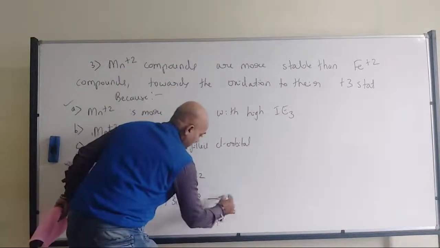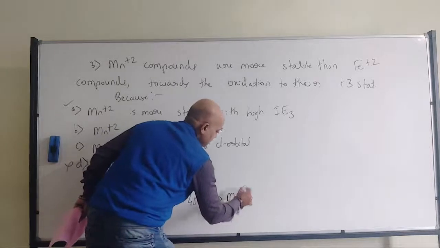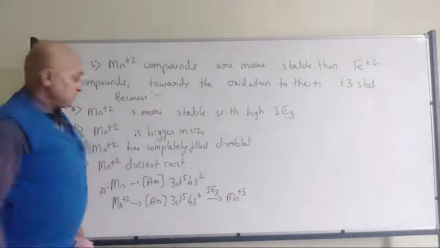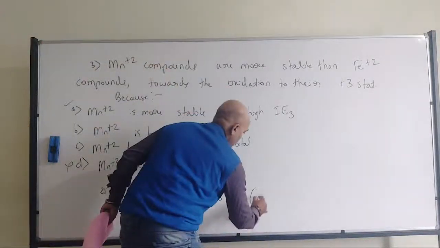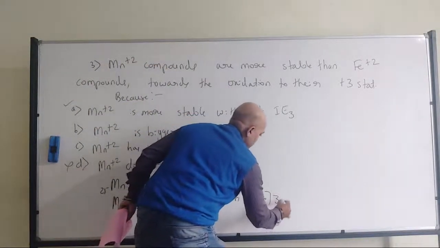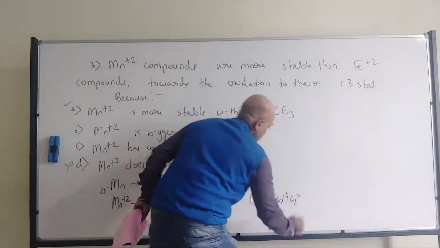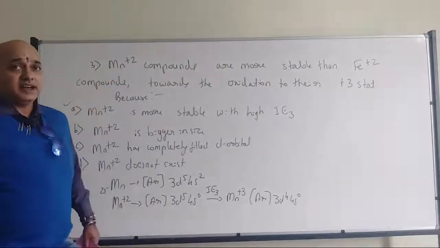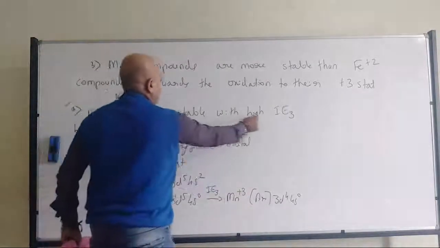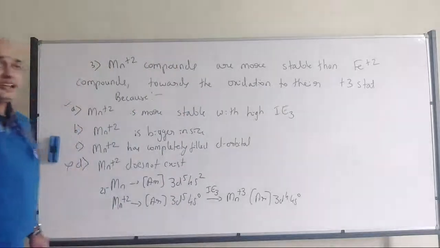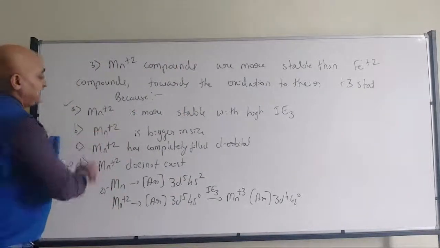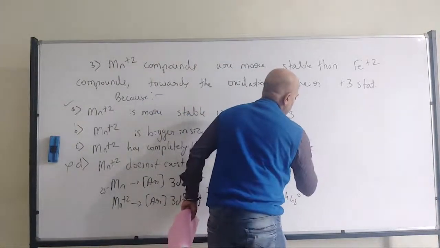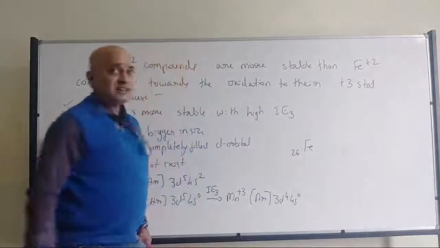If it wants to go for Mn plus 3, that's where we have the third ionization enthalpy. If that is the case, it will become argon 3d4 4s0. Since there is a stable electronic configuration here, it demands high ionization enthalpy, that is third ionization enthalpy, right? So iron, all of us know, is next to manganese with 26.